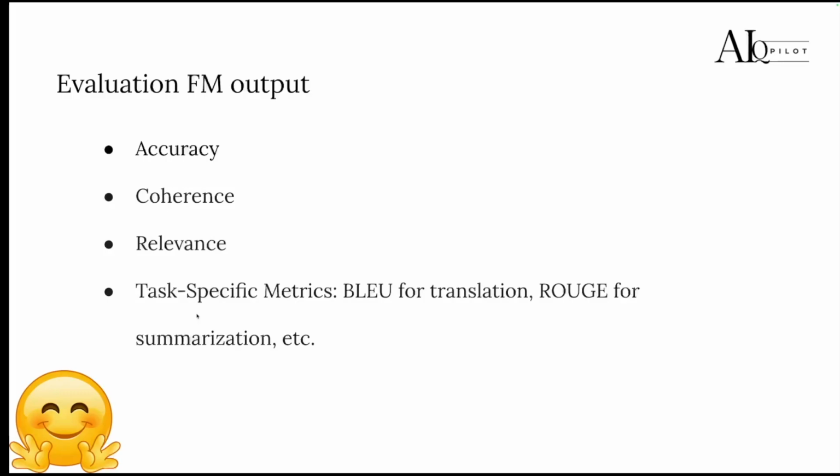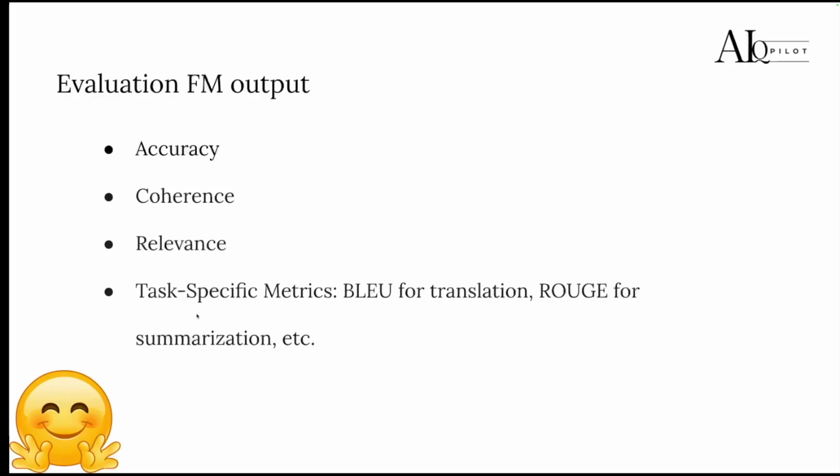Things like accuracy, coherence, and relevance are typical dimensions that you need to think of when evaluating a foundation model. Metrics such as accuracy serve as a fundamental measure to assess the correctness of the generated content. Also, coherence evaluates the logical flow and the consistency within the output, which can contribute to the overall performance of the foundation model.